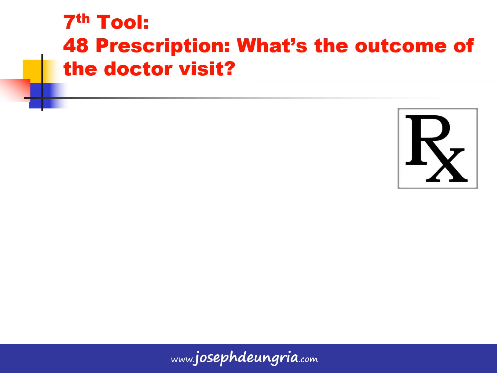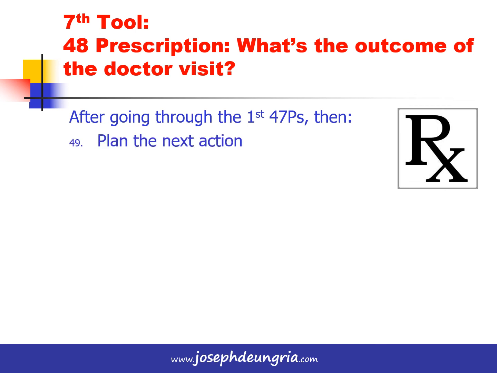So what's the outcome? In the end, all these tools we use give a prescription, diba? That's the end result. So we have to prescribe something, and the prescription, after going through the first 47 Ps, will be what's the plan for the next action? What's our promise? There's what we call a brand promise.